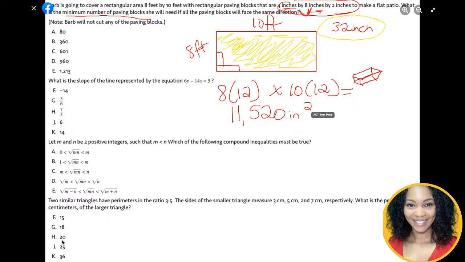And then we can divide that by the 32 square inches that we got, and that'll tell us how many blocks we need. And that comes out to be 360. So the answer to that first question of the day is B, 360. Okay, hope that makes sense for you guys.